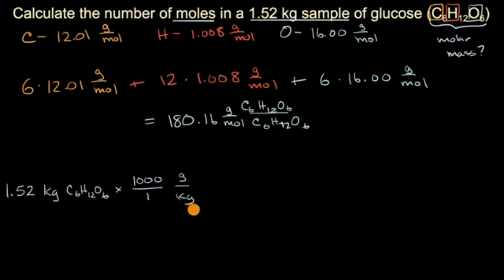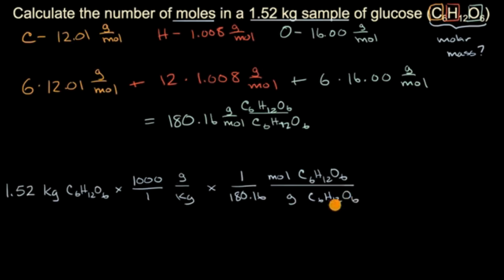And if you have your mass in terms of grams, you can then divide by your molar mass, or you could view it as multiplying it by the moles per gram. So for every 1 mole of glucose, C6H12O6, we have 180.16 grams of glucose, C6H12O6.